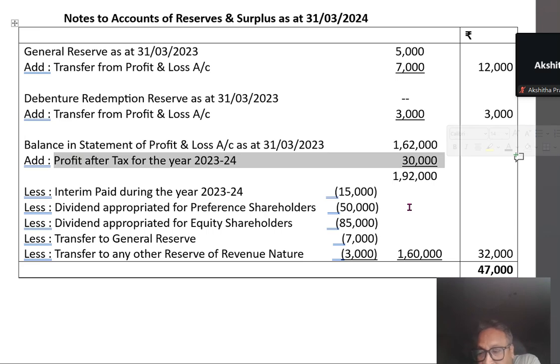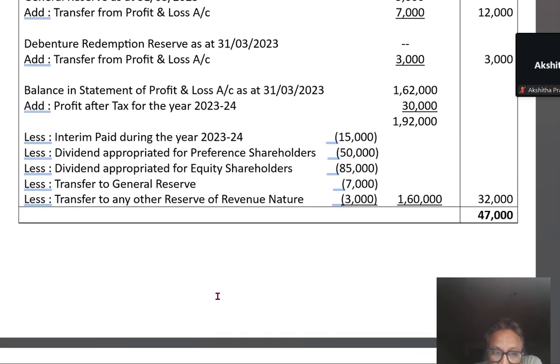Since you do not know profit of a year in that year itself by 31st March of that year, you cannot appropriate dividend out of those profits in that year itself, right?